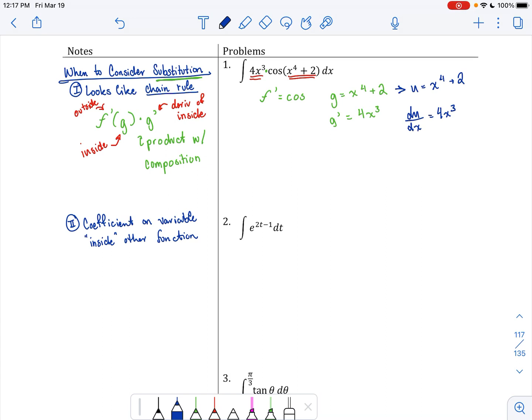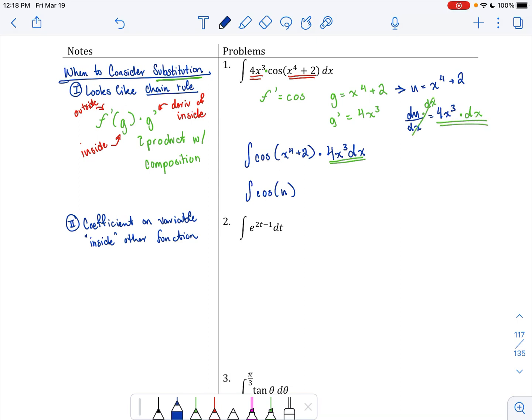Now the reason that we use this method is that if you look here at this integral that we were given, we had cosine of x to the 4th plus 2, and then we have 4x cubed dx. So when we set u as the inside function, this becomes cosine of u. And here, we can also use substitution if we just solve for that statement here.